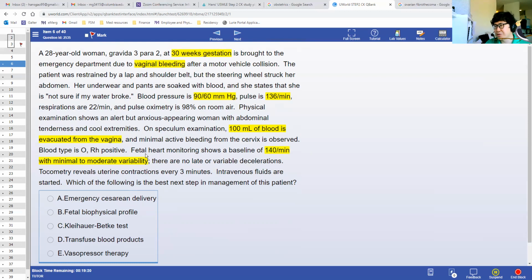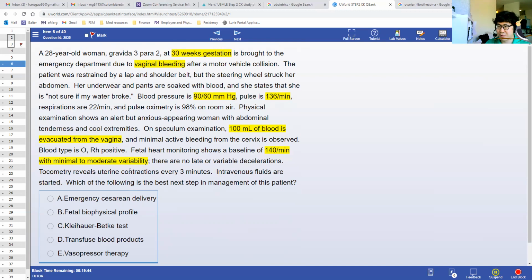The thing is, you can't really use fetal heart rate tracings, there's no category for these patients. I remember one of my attendings chewed out a resident for saying that she was category 1 or 2 when she wasn't actually giving birth. Apparently, you can only use those category tracing numbers when they're actually giving birth. No variable or late decelerations. So, all right, contractions every 3 minutes.